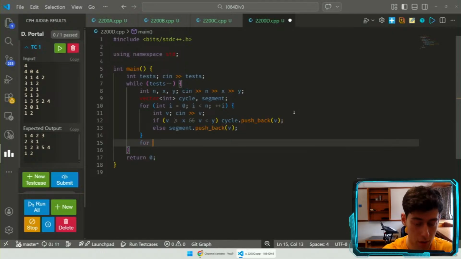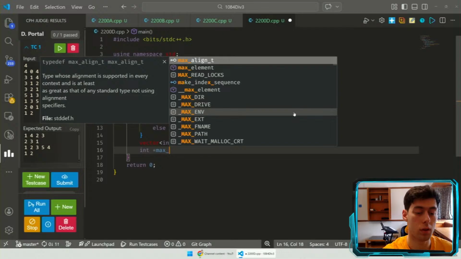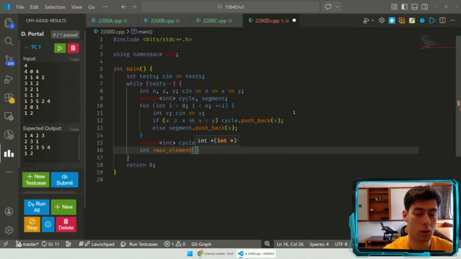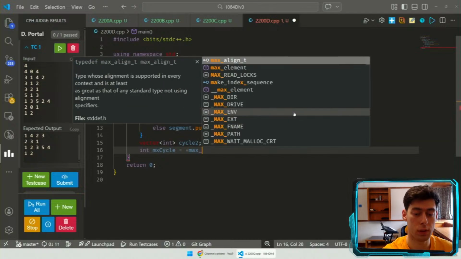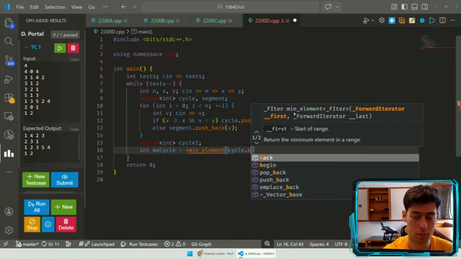Otherwise, it's in the segment. So now I just do cycle 2, which I'm going to start with the smallest element in the cycle.